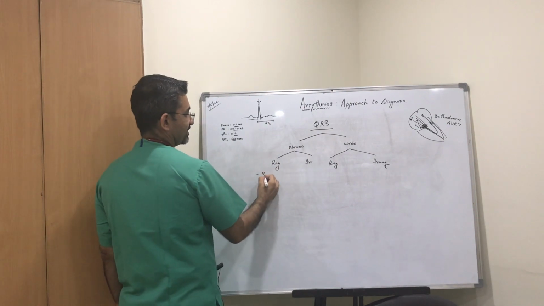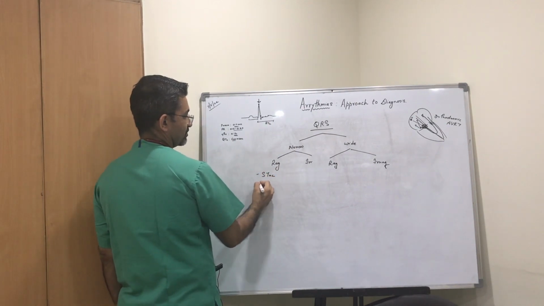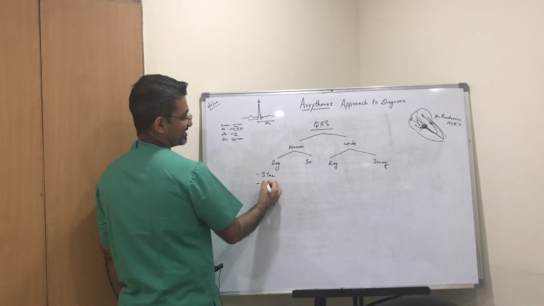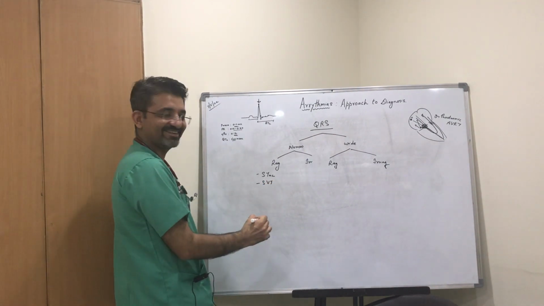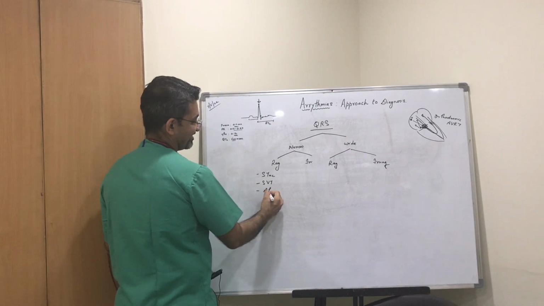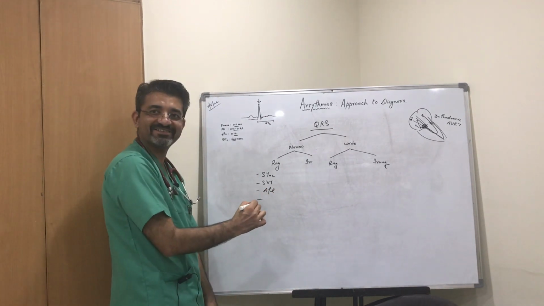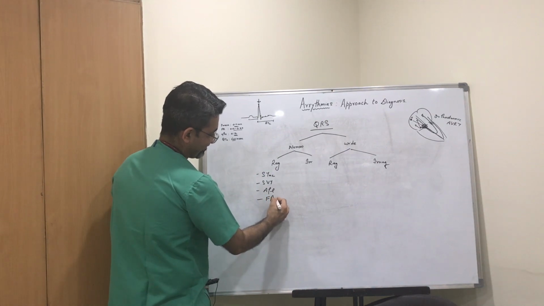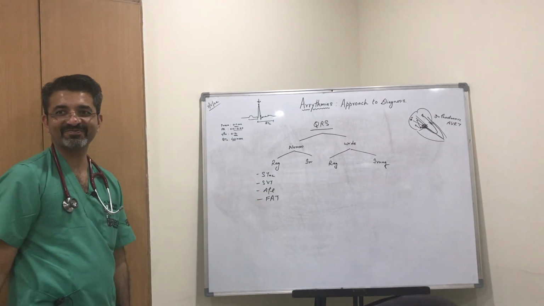In regular narrow complex, you have sinus tachycardia, next, SVT, next, atrial flutter, next, focal atrial tachycardia.